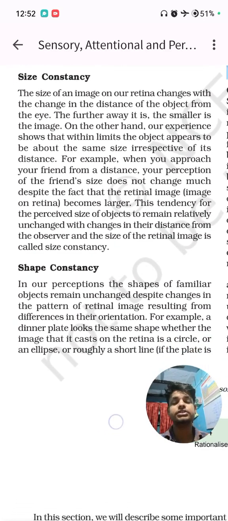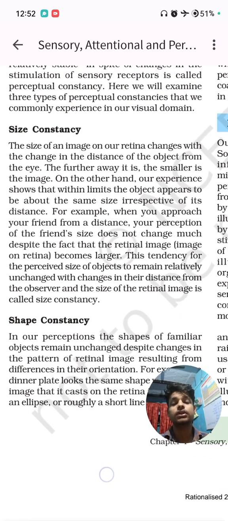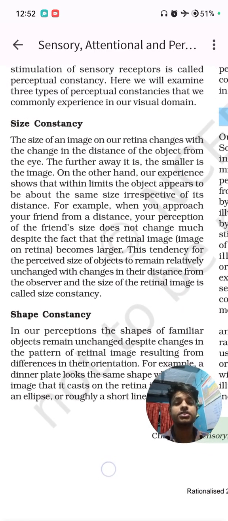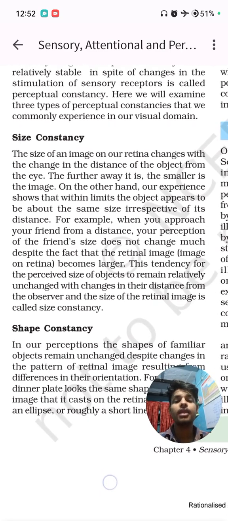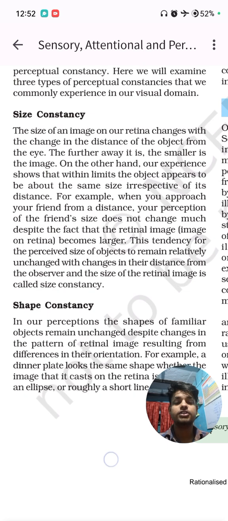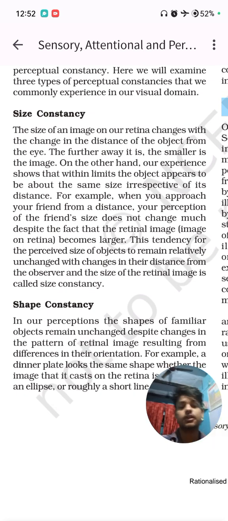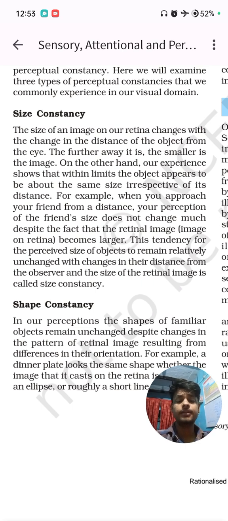Size constancy. The size of an image on our retina changes with the change in the distance of the object from the eye. The further away it is, the smaller the image. On the other hand, our experience shows that within a limit objects appear to be about the same size irrespective of distance.